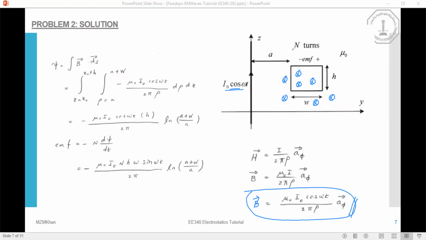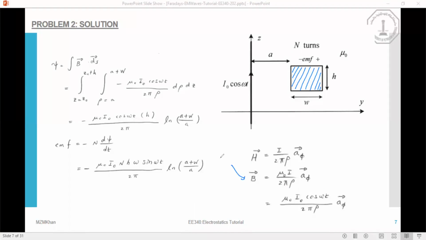Now, as we did in the last example, we have to do the same. First, let's find the flux through this surface enclosed by my rectangular loop. Psi is B bar dot ds bar, and B bar is this one, because this is my external magnetic flux density to this rectangular loop.